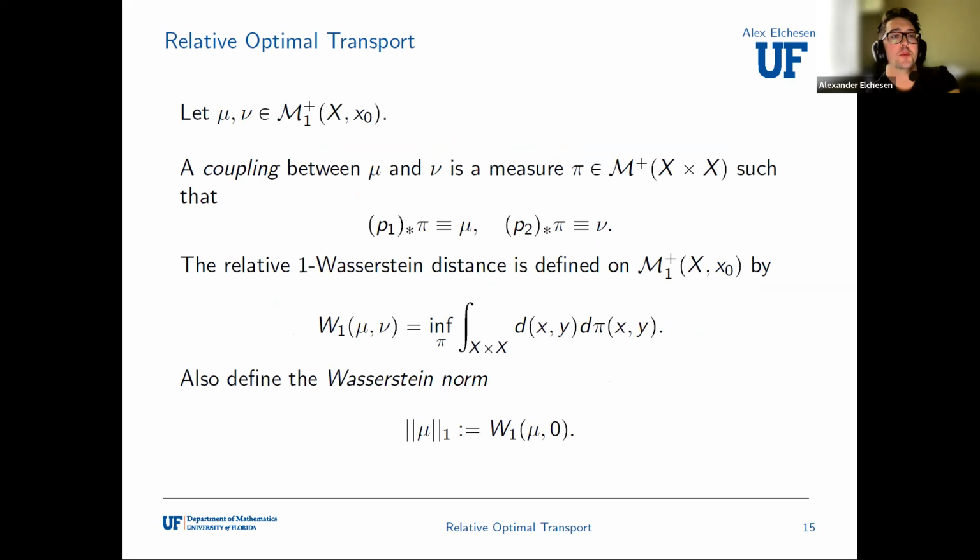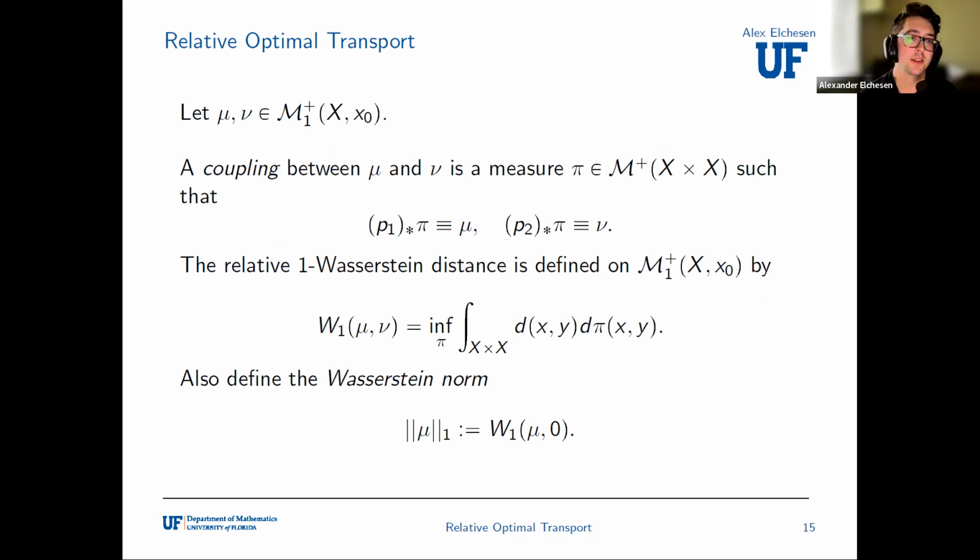And now, here's the formulation. Suppose we have two of these measures mu and nu. Just to be clear, when I look at mu and nu, really I'm looking at an equivalence class of measures. But all you have to think is that when I look at a measure mu, I'm considering that measure up to possibly adding or subtracting some mass at the base point.